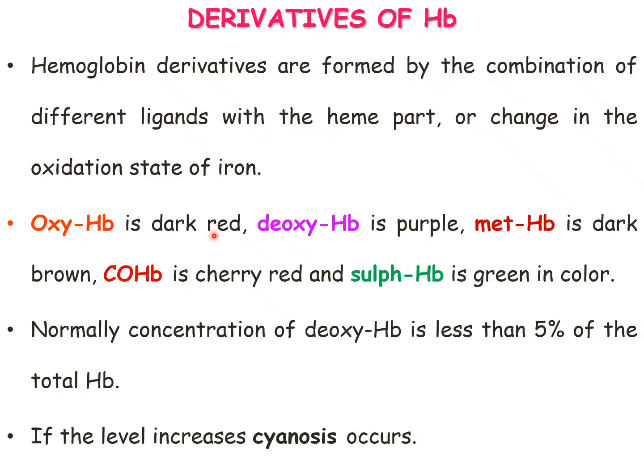I have given the colors, just note them down. Normally the concentration of deoxyhemoglobin is less than 5% of the total. If the level increases, cyanosis occurs.